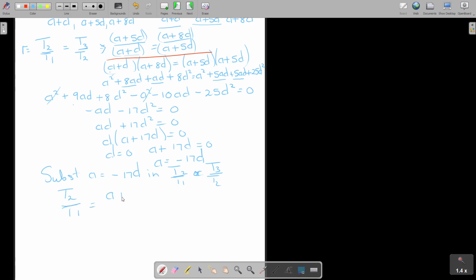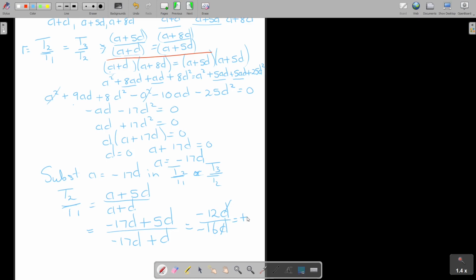So it's A plus 5D over A plus D. In the place of A, it's negative 17D plus 5D, over A, again my A, negative 17D plus D. And that is going to give me negative 12D over negative 16D. The D's cancel out, and that will be positive.